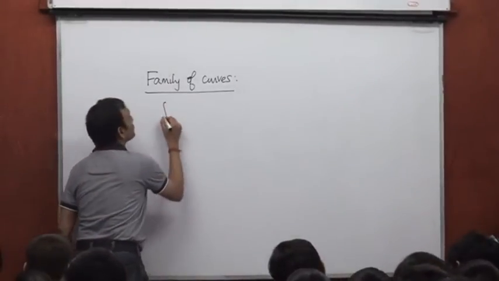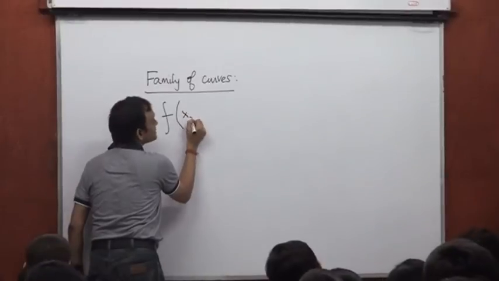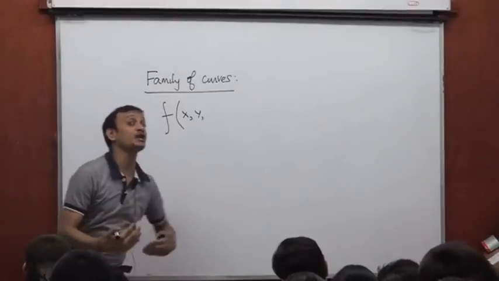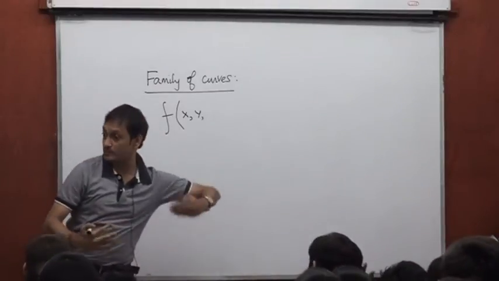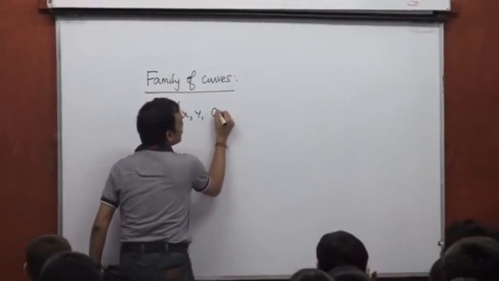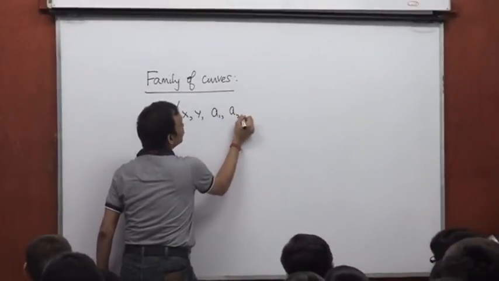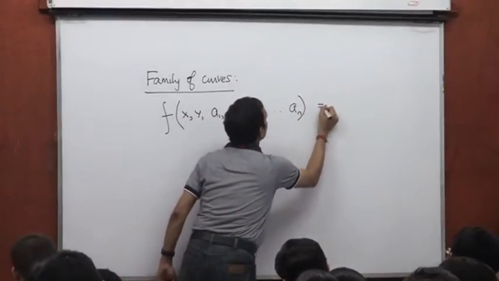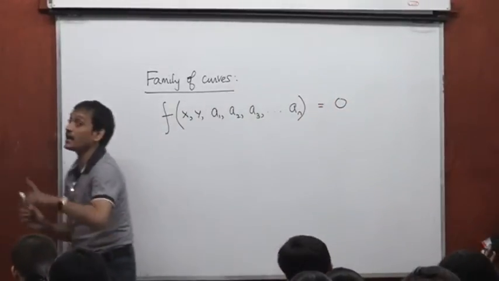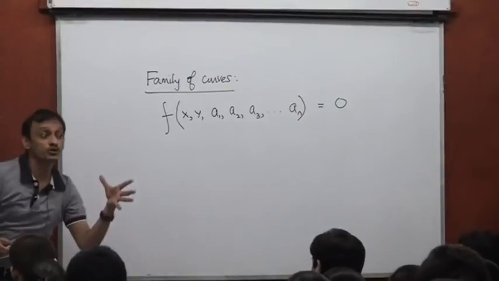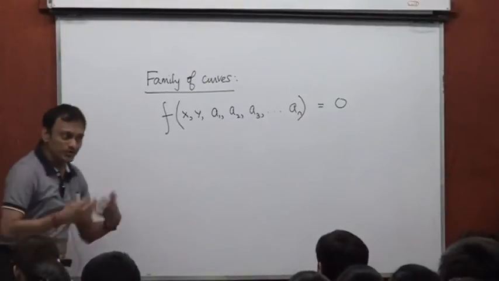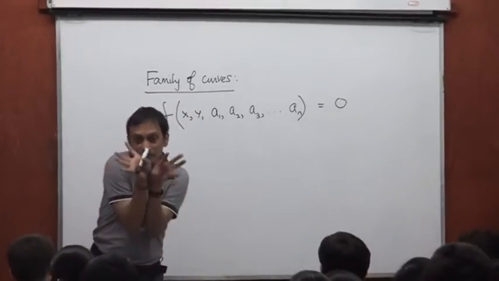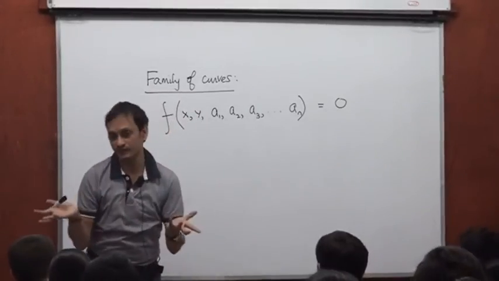If I have a function of x and y that involves n arbitrary constants, the n arbitrary constants are a1, a2, a3, ..., an, that equal to 0. See, there is a difference between an arbitrary constant and a fixed constant. An arbitrary constant could be assigned different values, but a fixed constant cannot be assigned different values, right?